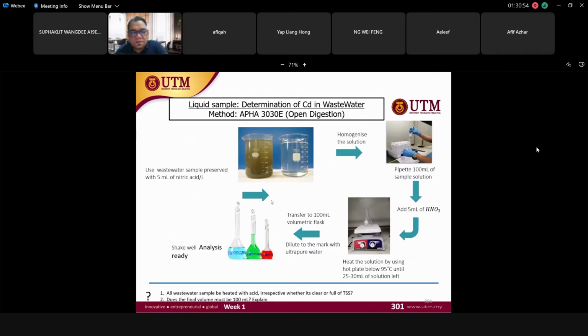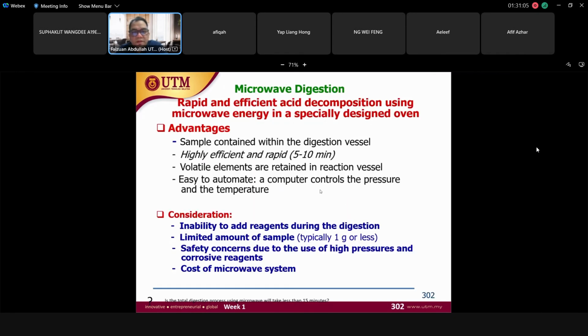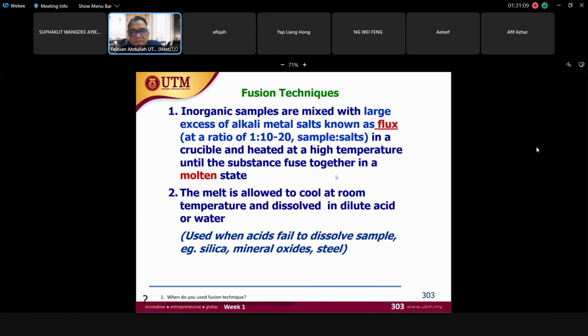Again, we have determination of cadmium in wastewater, method APHA 3030E, open digestion, just digest like that on the heater, right? Open digestion, cheap method. And then we have microwave digestion, expensive method.